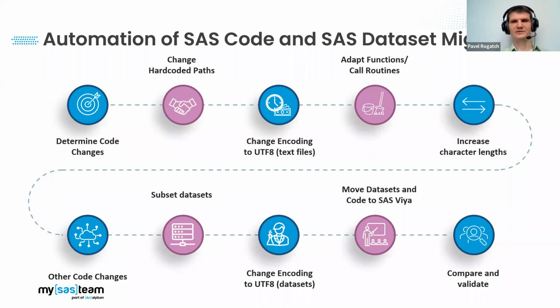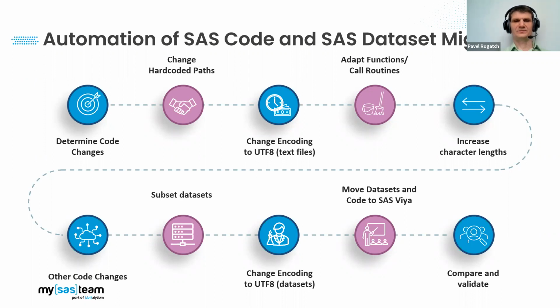And then we also used Python scripts to make the necessary changes: change hard-coded paths in SAS code, change encoding of text files, including SAS programs. Then we had to adapt functions and call routines in SAS code, increase character length, and make other changes in code according to the client's needs.